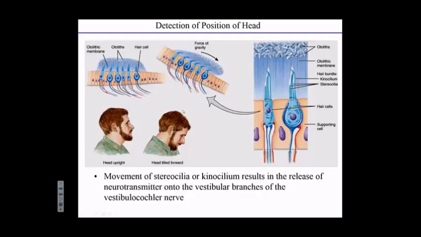When you move, one semicircular canal may bend hair cells more than another, depending upon the plane that canal is in, and you decipher that information and determine in your brain which way you move.